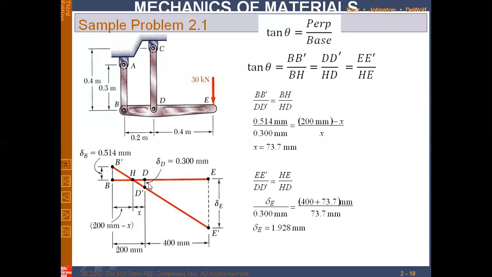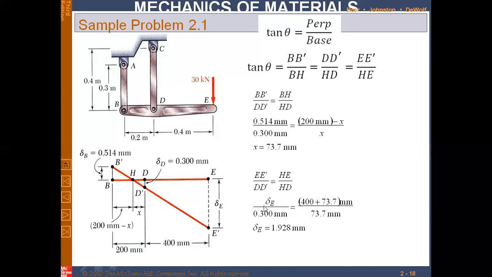D D dash is delta D, already calculated, 0.3 millimeter, and HE is BE plus X. So BE is 0.4 meter, that is 400 millimeter, plus X, which is 73.7, and HD is X, so 73.7.